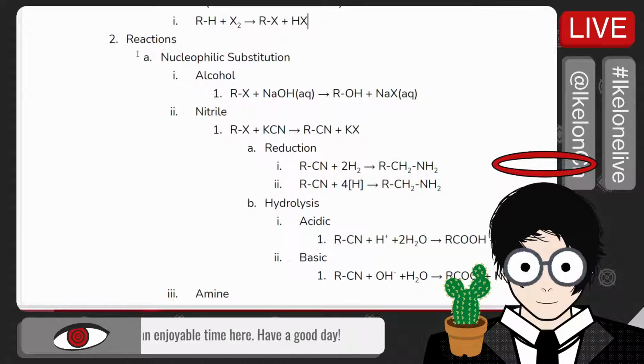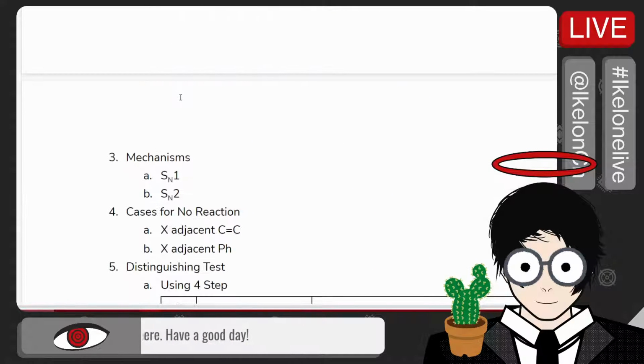I guess it will make sense to go through the reactions, but let's go to our mechanisms, the SN1 and SN2 mechanisms first. So let me check, let's flip to my notes. SN1, SN2, let's go with SN2 first. Okay, so the SN2 mechanism.